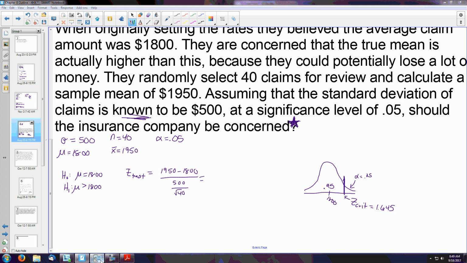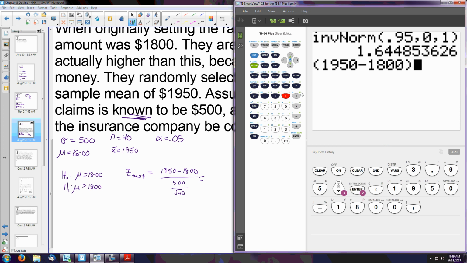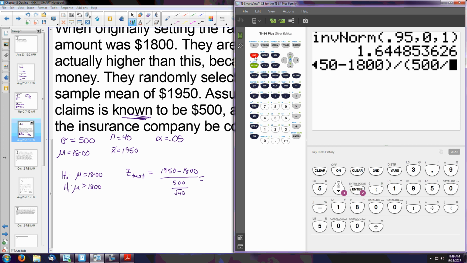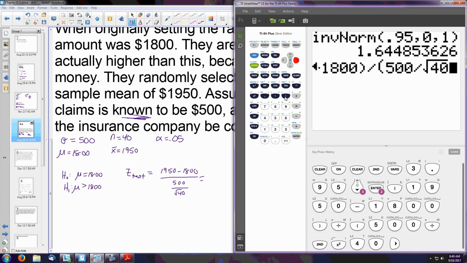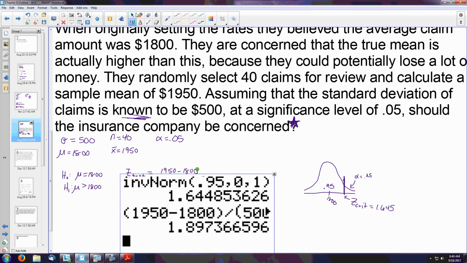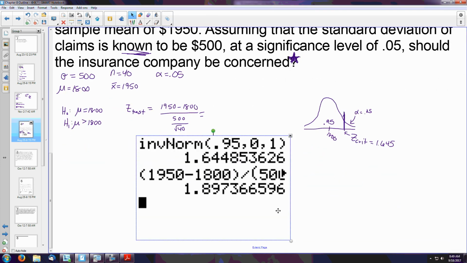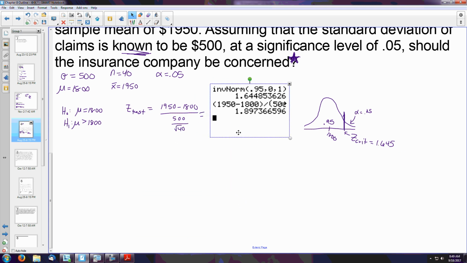When you're typing this in, if you do it all at once, just be careful that you do in fact have parentheses where appropriate, around your numerator and then around your denominator. So this right here gives us our z-test statistic.